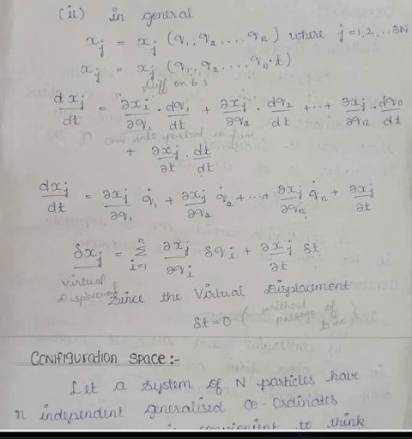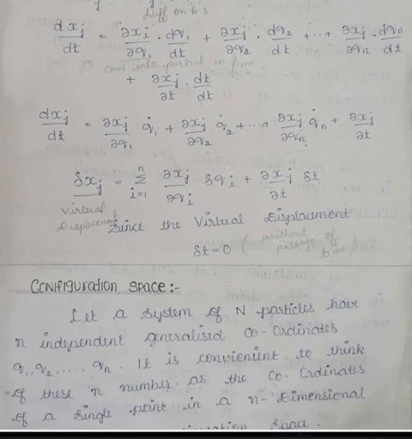Therefore the virtual displacement del xj equals sum over i equal to 1 to n of dou xj by dou qi del qi plus dou xj by dou t del t, where the virtual displacement del t equals 0.